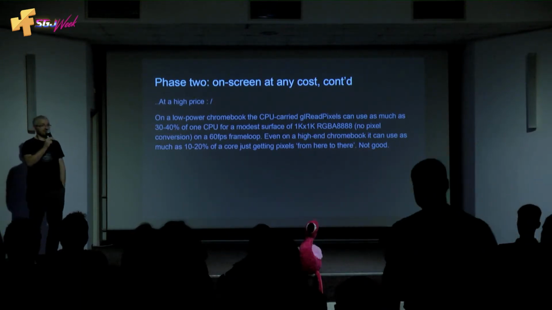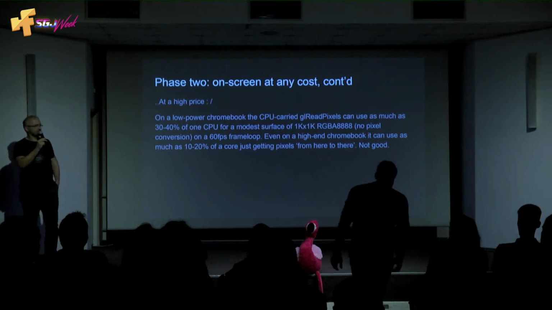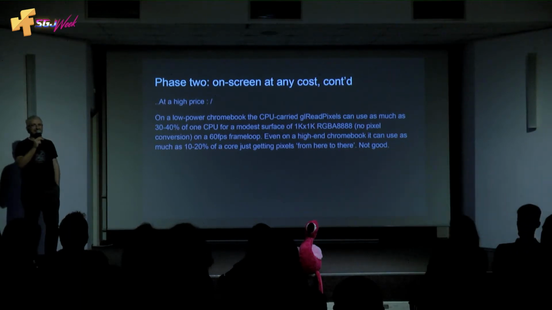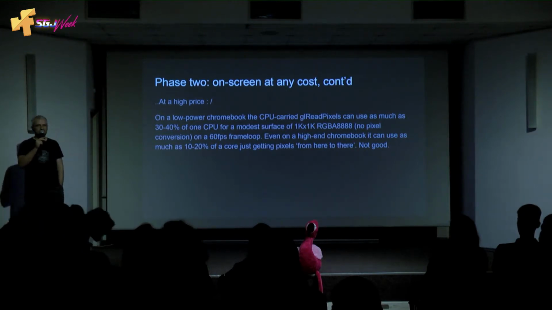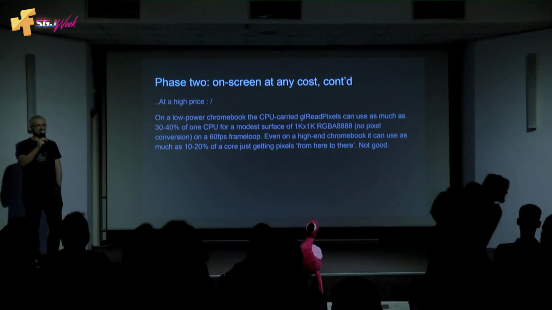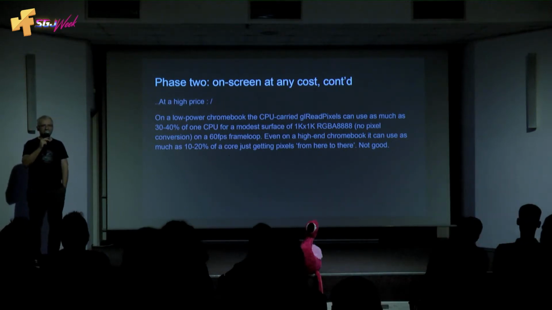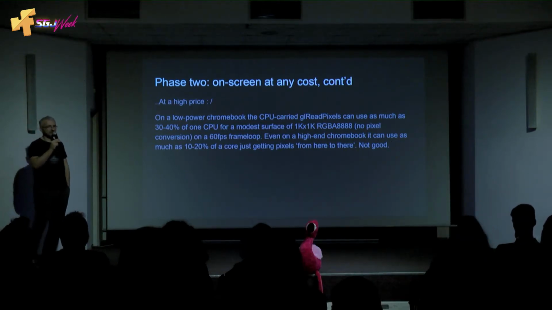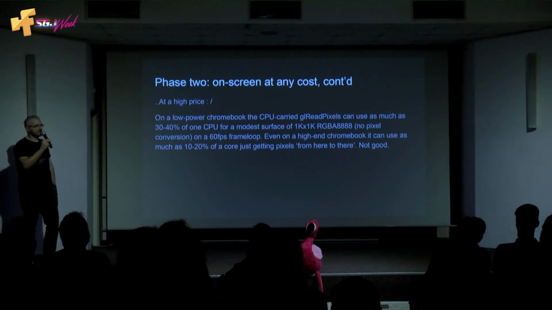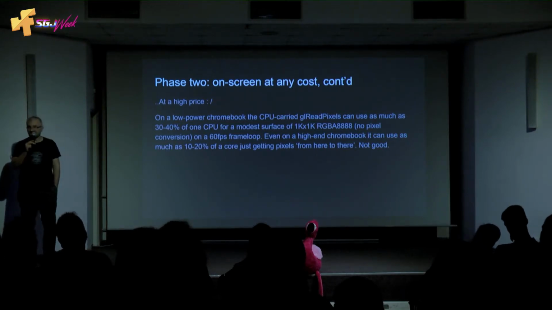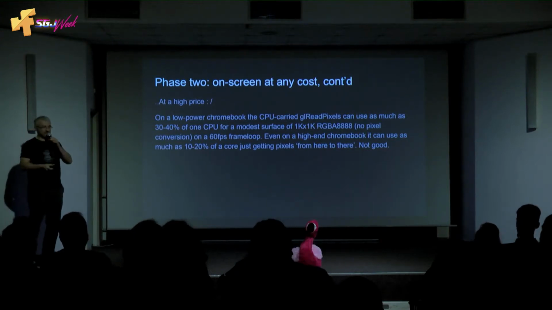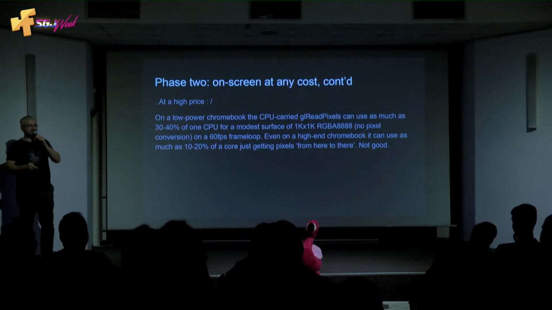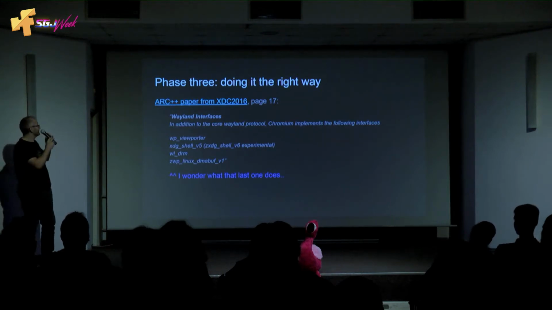So by just showing a simple frame buffer as big as 1K by 1K and making sure that there are no pixel conversion operations on the fly, we could spend approximately 30 to 40% of a single CPU core just doing the read pixels. Even on a high-end Chromebook, that could take, again, between 10 and 20%, which is just not good. So we could show things on screen, but that's extremely expensive.